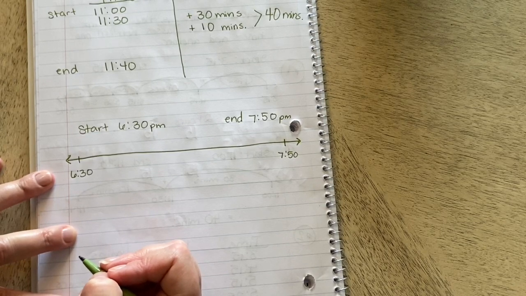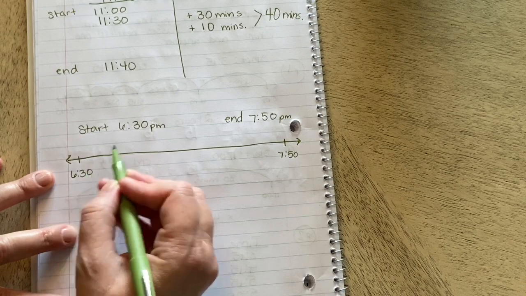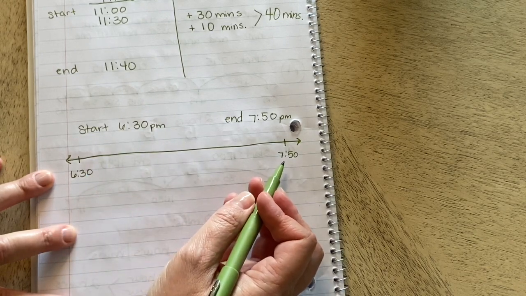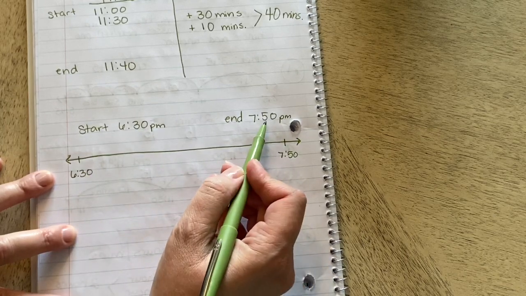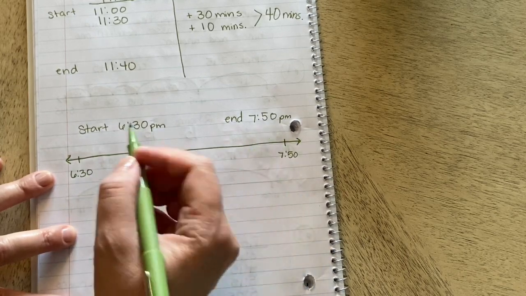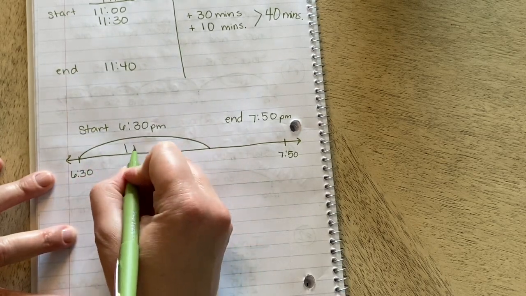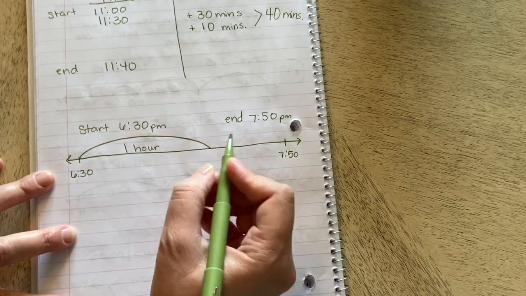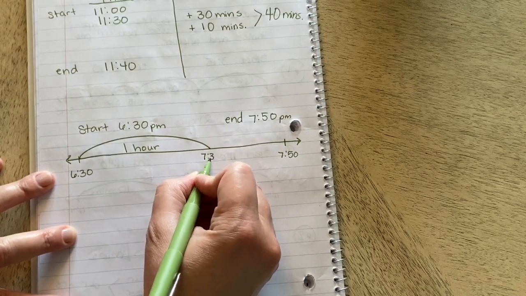So 6:30, I know I can jump to 7 o'clock. Can I jump an hour, 6:30 to 7:30? Yes, I can, because I need to go all the way to 7:50. So I can go ahead and jump an hour. So 6:30 plus 1 hour is 7:30.